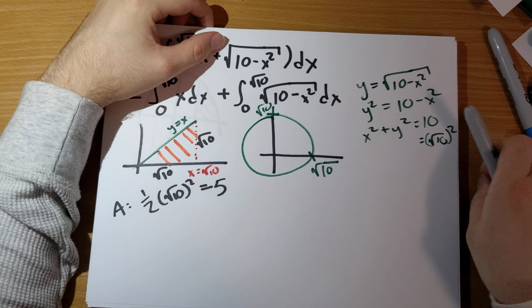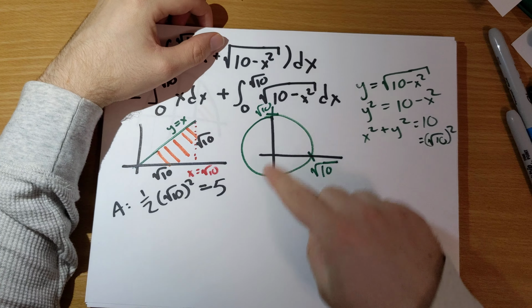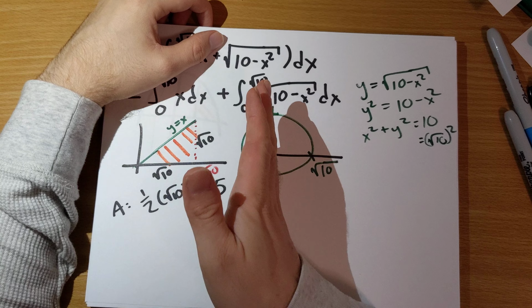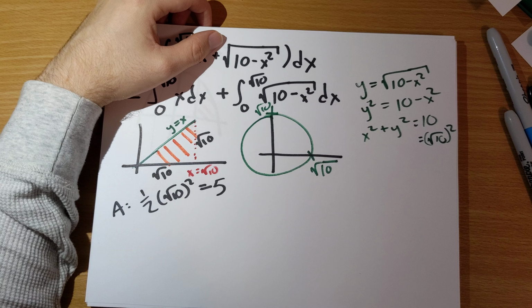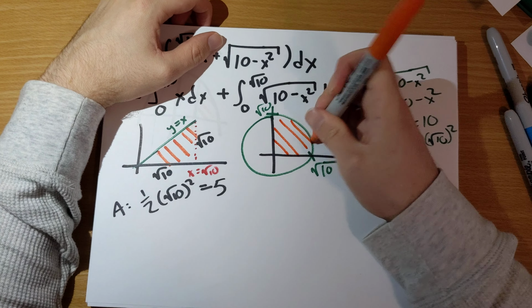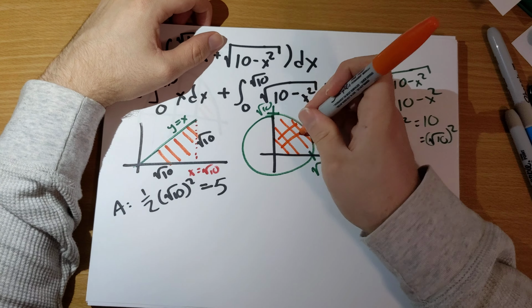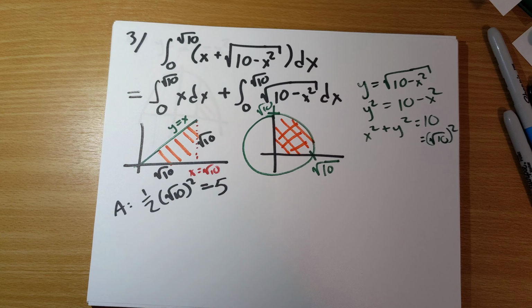So this integral is asking us to find the area under the curve above the x-axis here, as x runs from 0 to square root 10. It's this area right here. What is this area? In geometry terms, this is just a quarter of the circle. The circle is a little bit off center here, but that's okay.